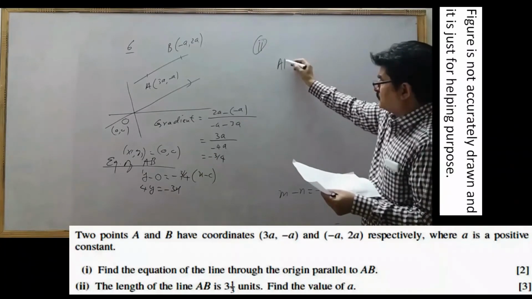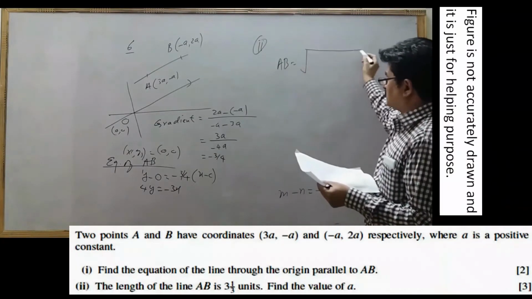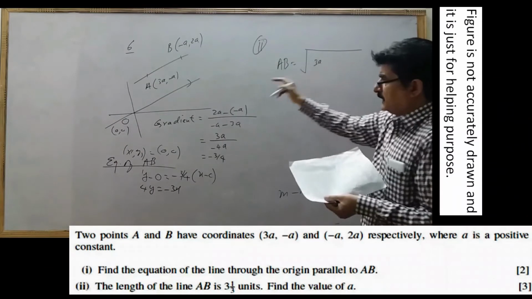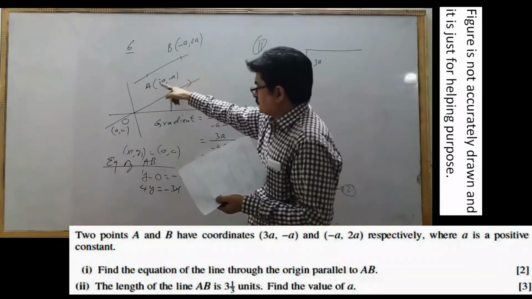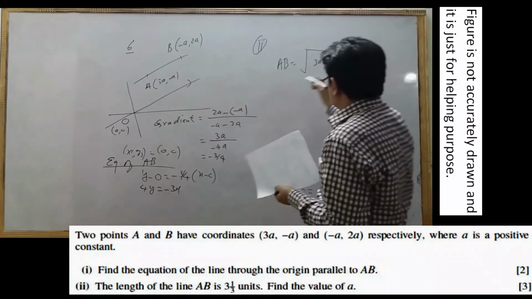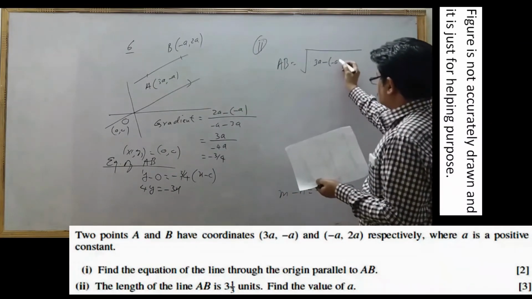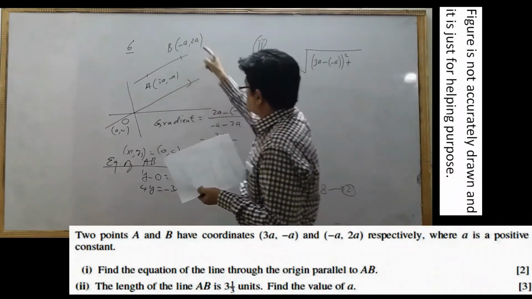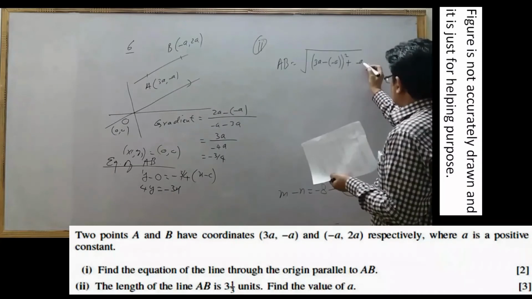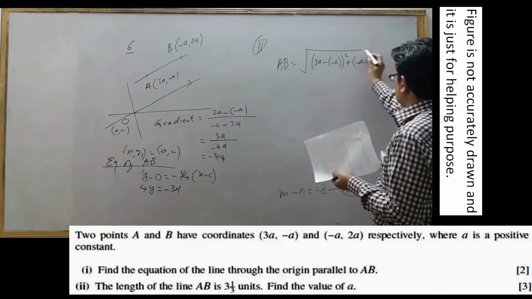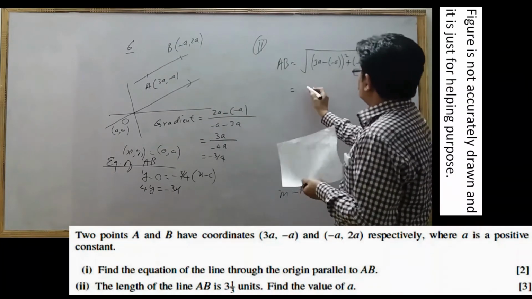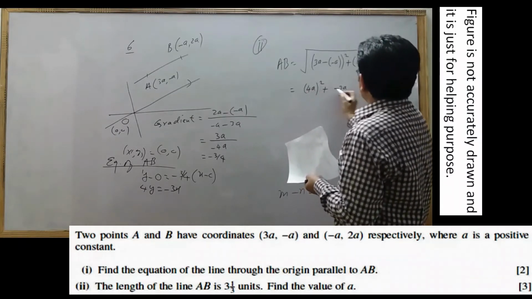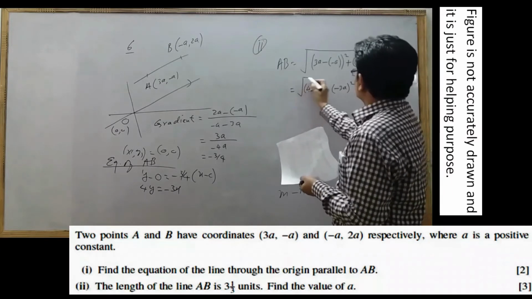Now by distance formula, AB is equal to under the root, x2, you can take any point as x2 y2. So x coordinate minus x coordinate, so minus 4 into minus A whole square plus y2 minus y1, minus A minus 2A whole square. Now this is equal to 4A whole square plus minus 3A whole square under the root.